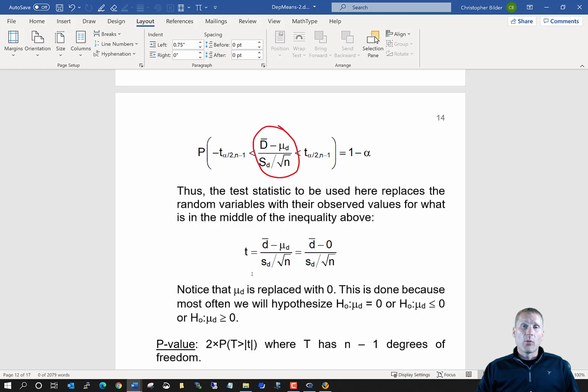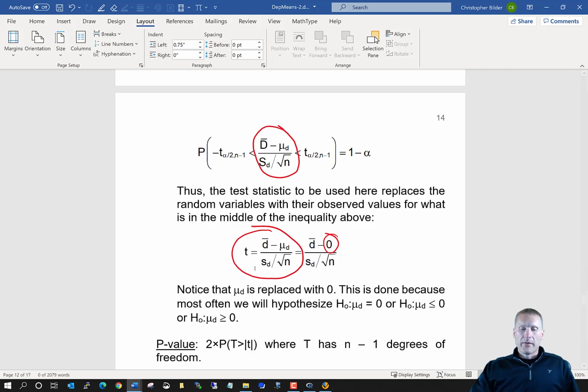Here, now I write it in terms of the d's, so that our test statistic becomes d bar minus the hypothesized value of the difference of the means. And for us, it typically will always be 0. Very rarely would there ever be a case where you would want to look at something different from 0. Divide by the standard deviation, which is also divided by the square root of n.